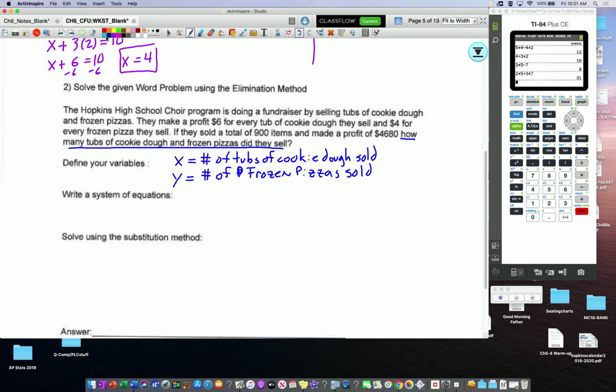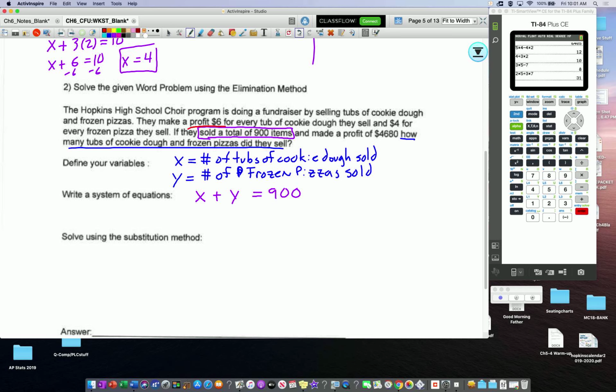All right, so now I need to write a system of equations. So it says they sold a total of 900 items. So the number of tubs of cookie dough plus the number of frozen pizzas added together has to total 900. The second equation has to deal with the profit.